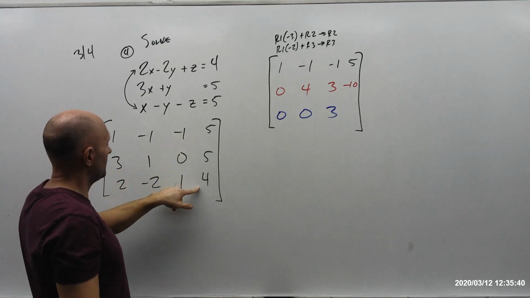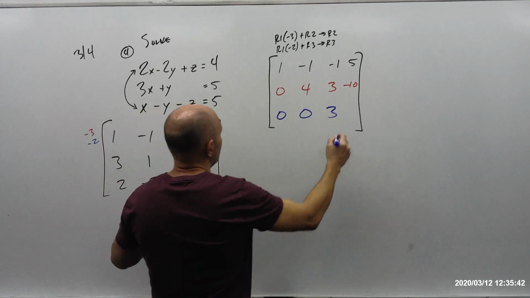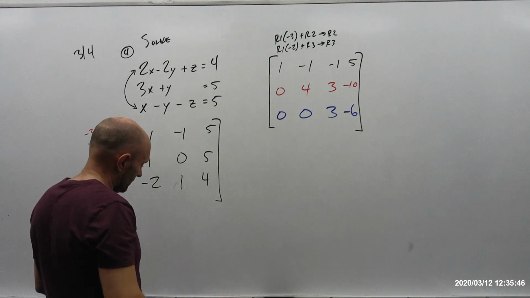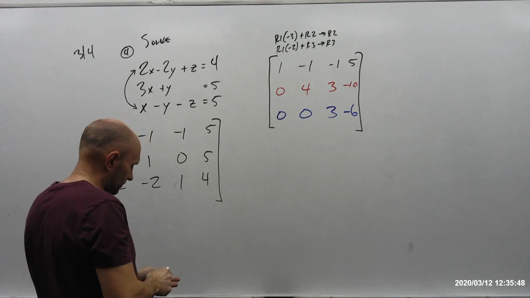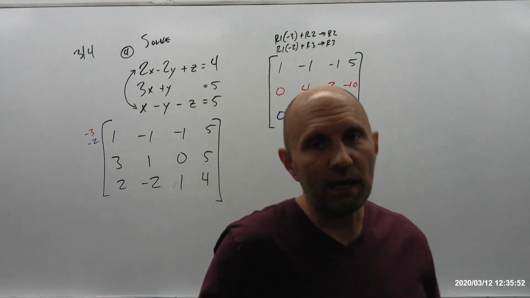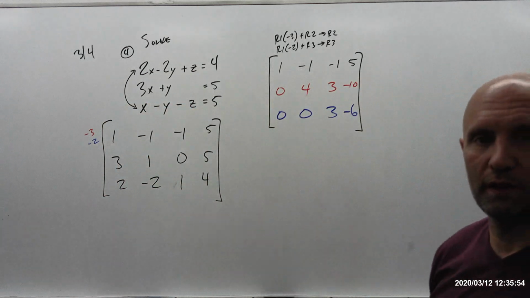And negative 10 plus 4 is negative 6. So this one worked out nicely. Everything canceled out so that I got the 3 zeros after just 2 moves. You might have to do one more move to get a 0 in that bottom location.